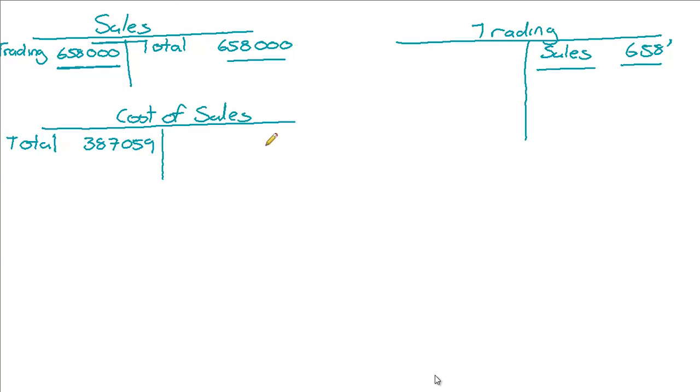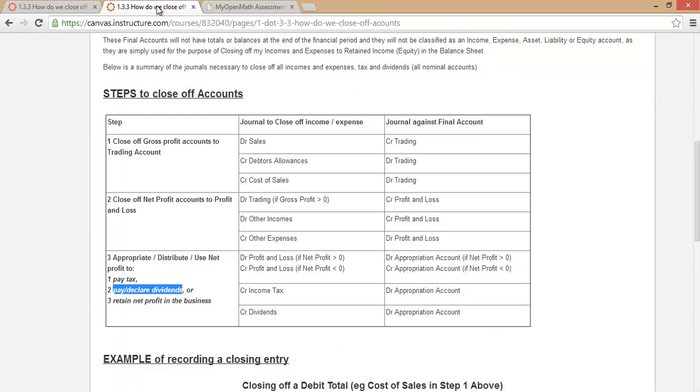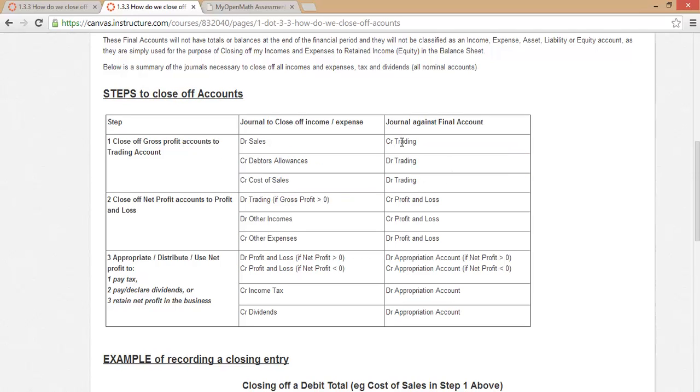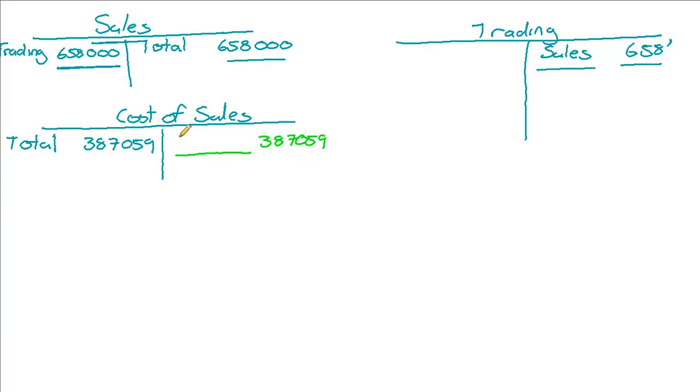I'm just going to use a different color. 387,059, and the account that we're going to close off cost of sales to is, you'll see here, the gross profit. We close off to the trading account. So sales and cost of sales go to the trading account. Alright, so this is also going to go to the trading account.